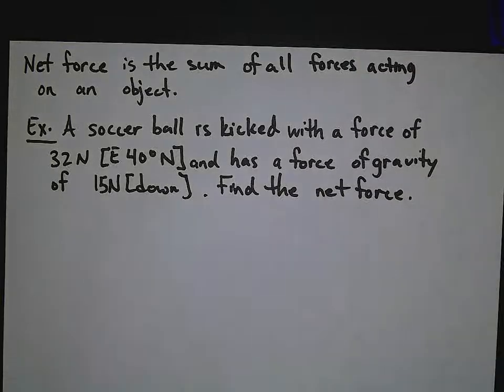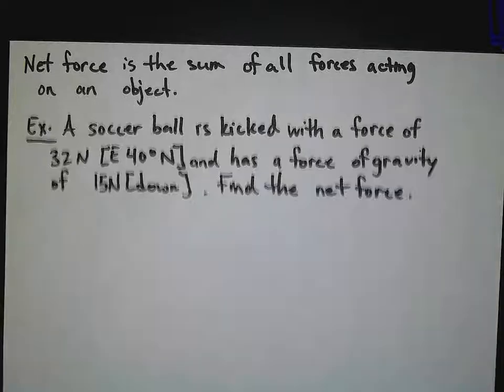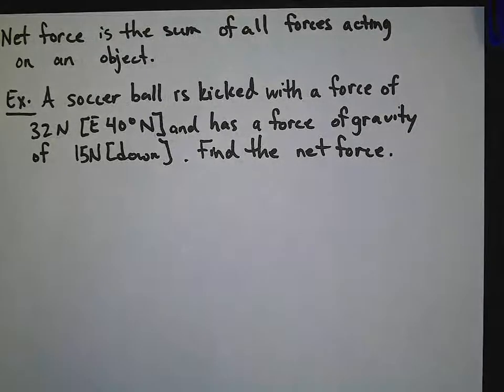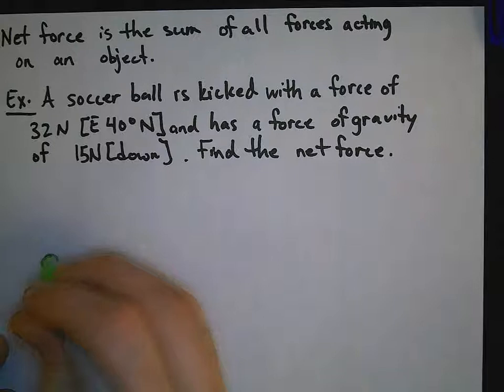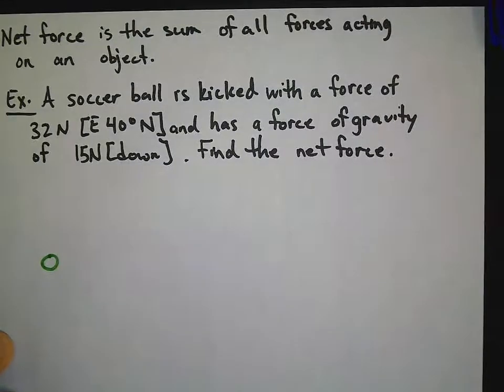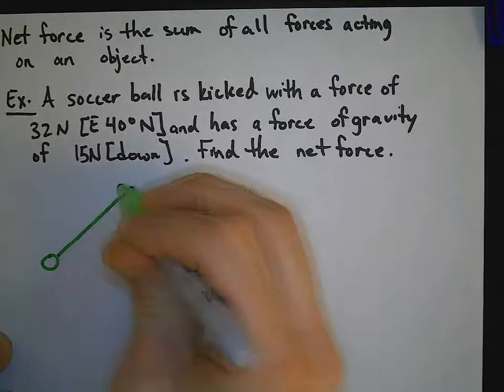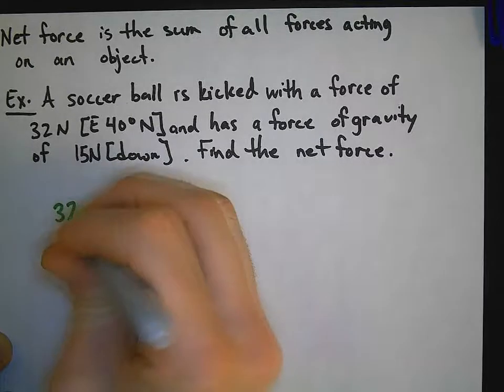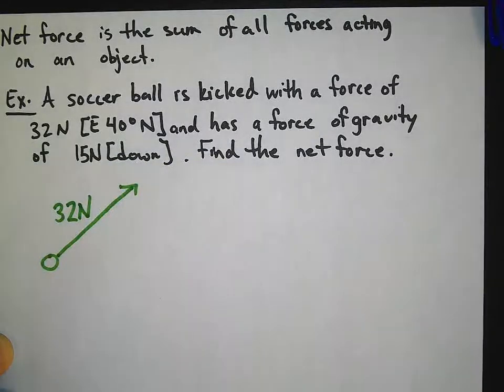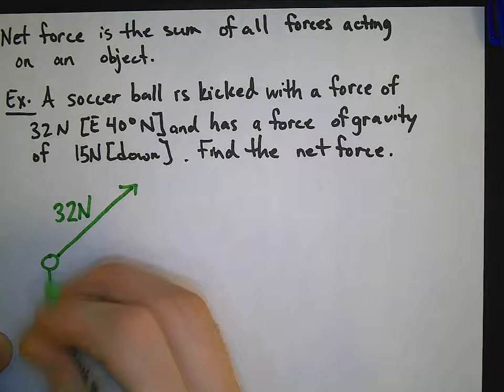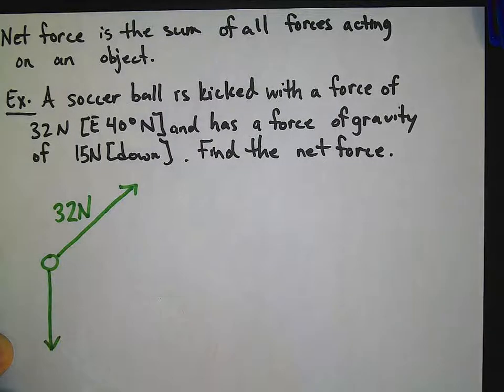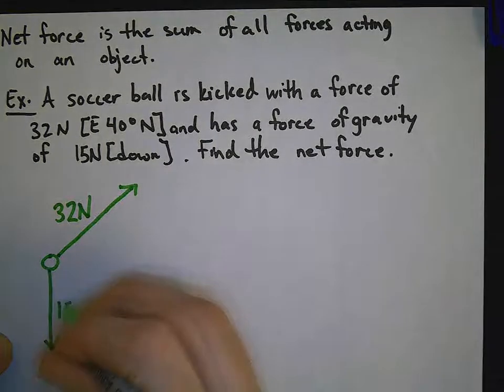We start this question with a free body diagram. A soccer ball kicked with a force of 32 newtons and a force of gravity downwards of 15 newtons.